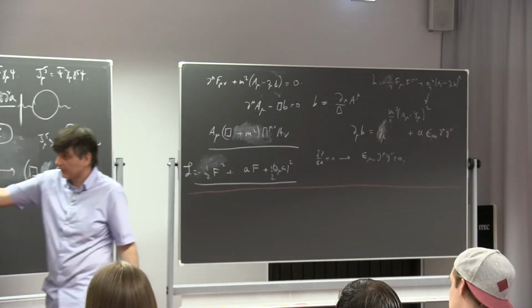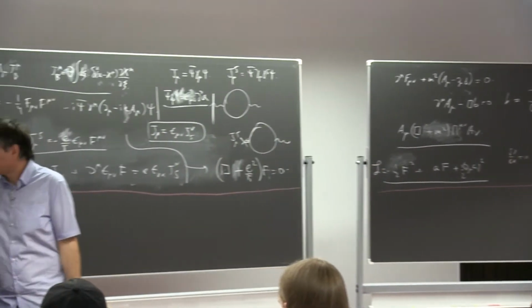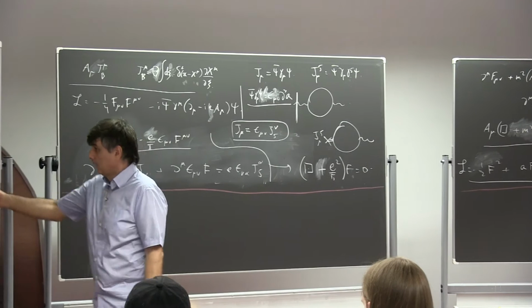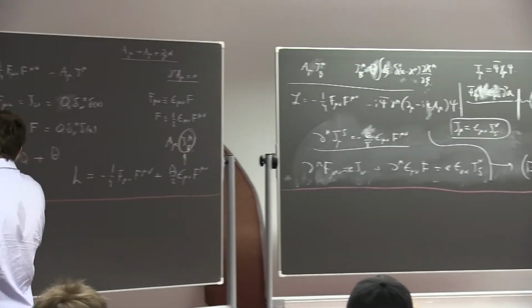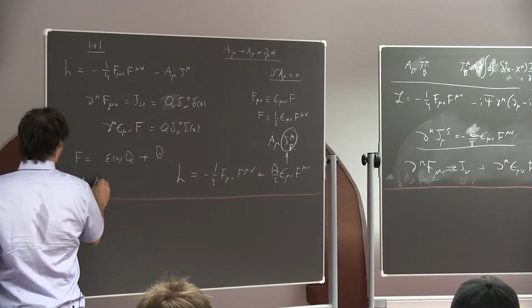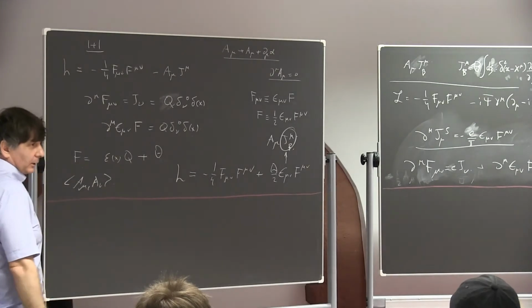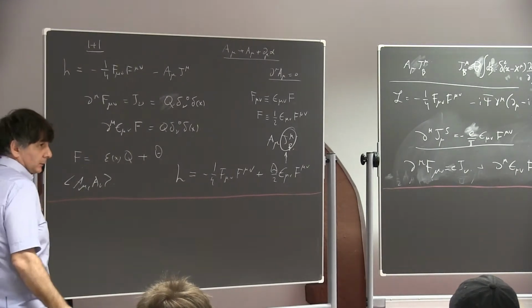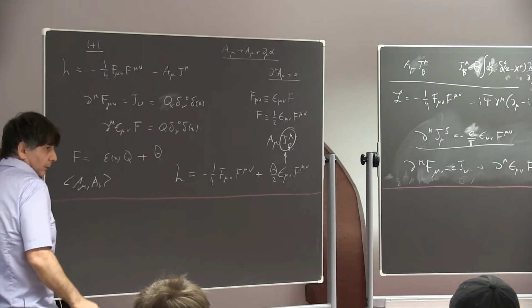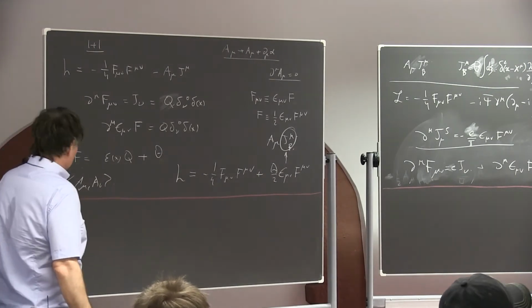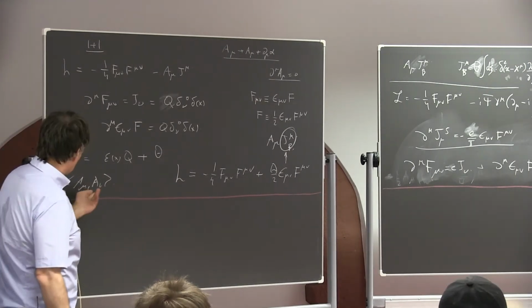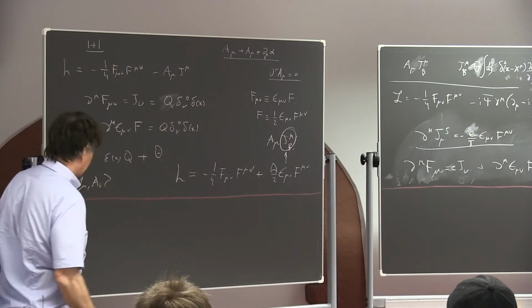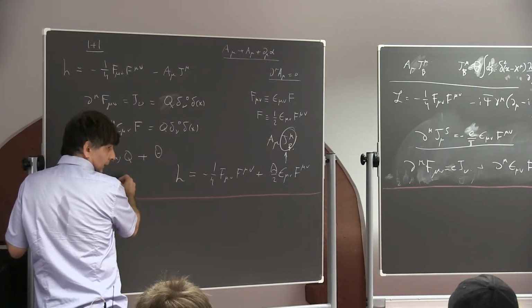Okay, so now, what is this correlator here? It's obvious who it is: it's the massless electric field. This is a long-range correlator, because it behaves like 1 over box.